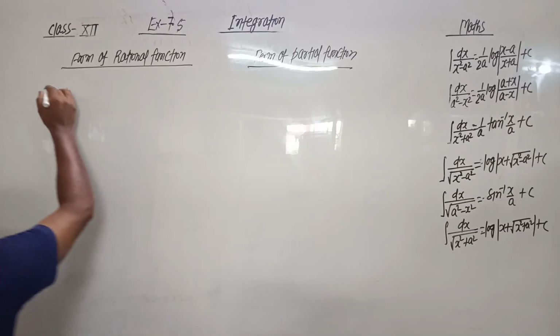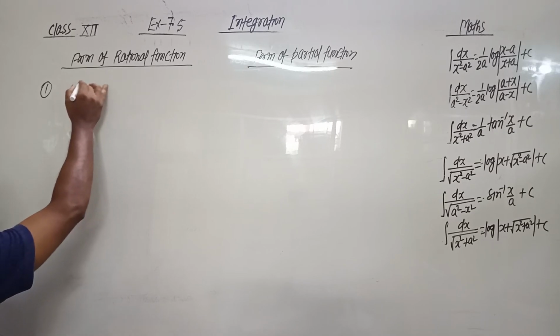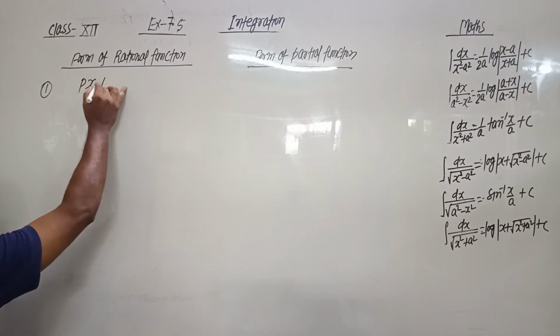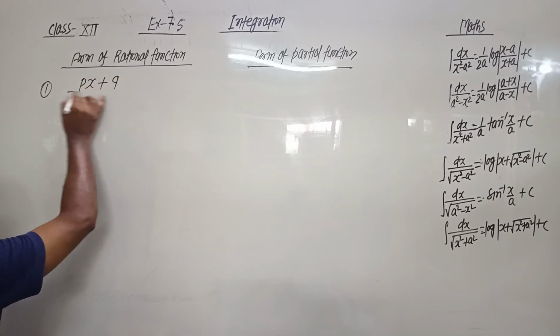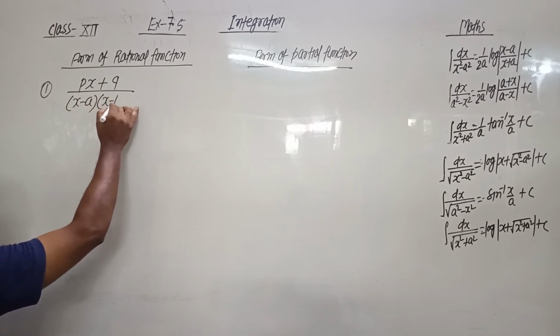The first form is, if the expression is in the form px plus q upon (x minus a) into (x minus b).